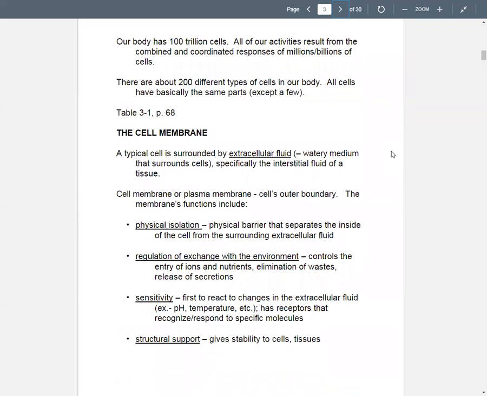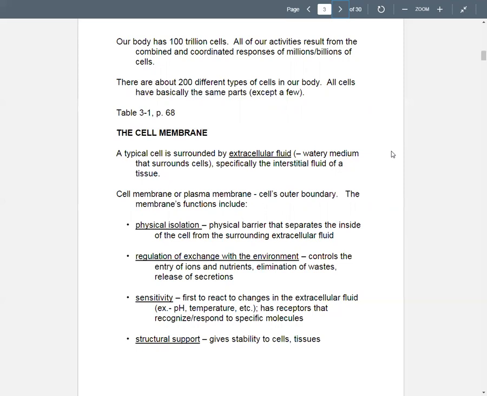All right, so your body's got 100 trillion cells in it. Okay, lots of cells. So everything we do is based on cells working together.